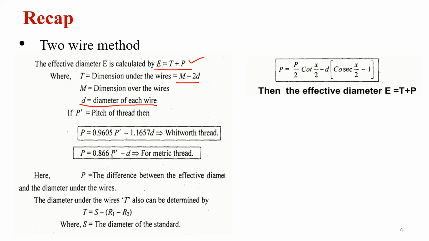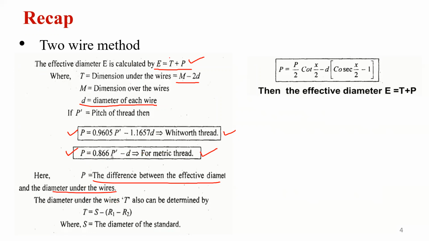The correction factor is calculated, for Whitworth thread, as 0.9605 times the pitch minus 1.1657 times the diameter of the best wire. For metric thread, the correction factor P equals 0.866 times the pitch minus the diameter of the best wire. So P is the correction factor. It is the difference between the effective diameter and the diameter under the wires.